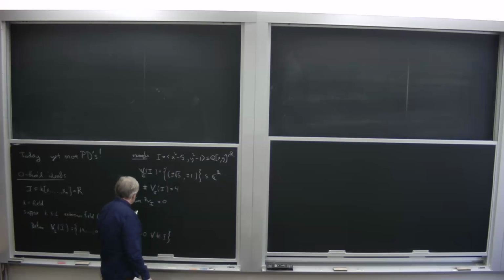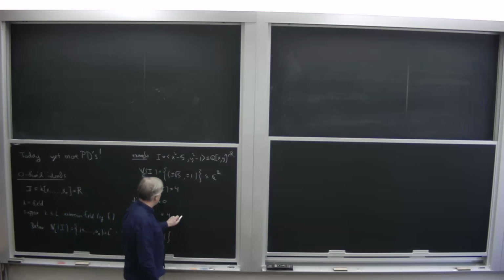This is the same thing as, and what's the dimension over the base field, in this case Q, of R mod I? This is 4-dimensional over the base field, and the basis of it would be all the monomials not in the lead term ideal.